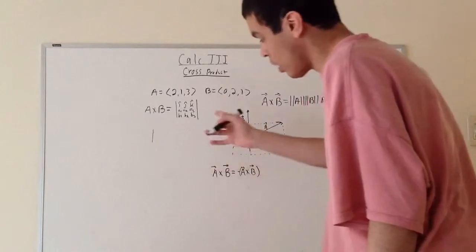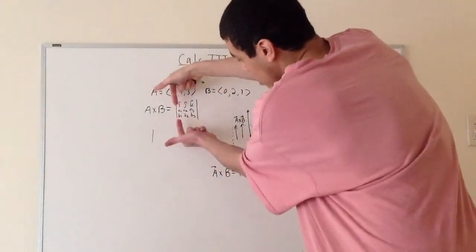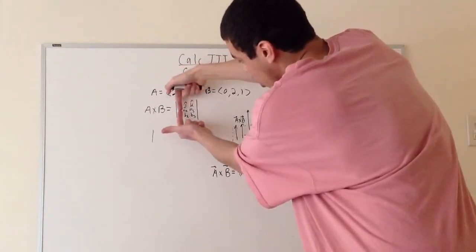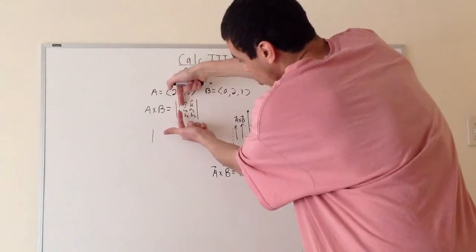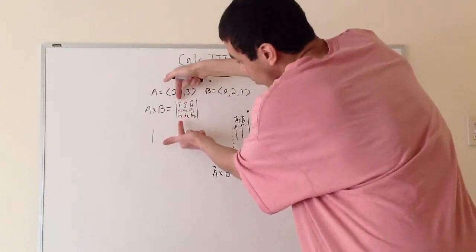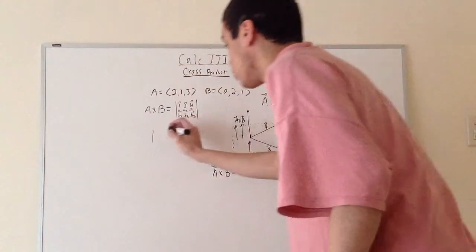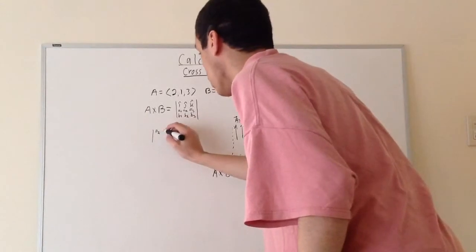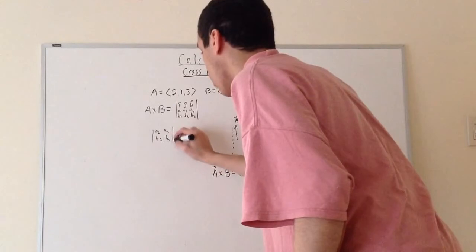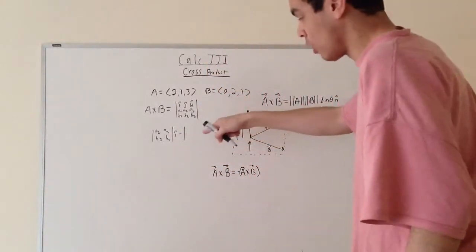For the I component, you remove this row and this column. Ignore I, J, and K, and ignore the first column as well. Ignore I, A1, and B1. So the first one just becomes A2, A3, B2, B3, all in the I direction, and then for the J, you have to subtract. It's important not to forget the minus sign.